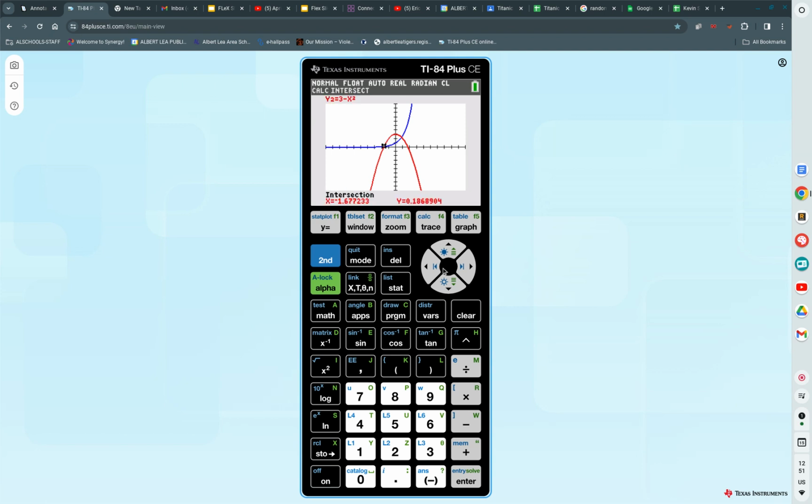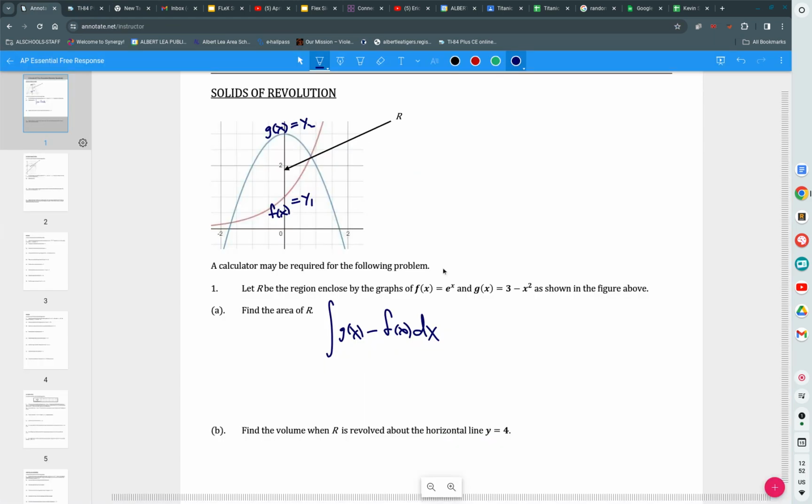And I got negative 1.677. I'm going to call that point A, negative 1.677. I have to find this spot over here.